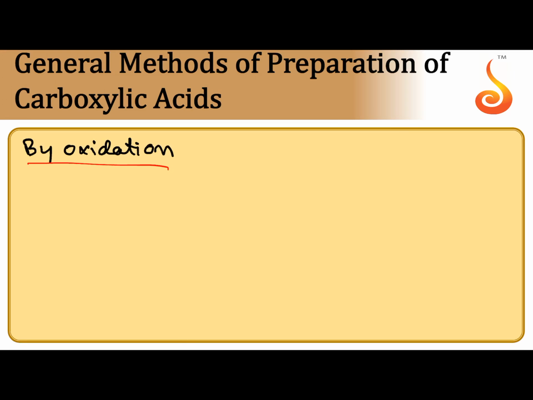General methods of preparation of carboxylic acids from aldehydes and ketones. When an aldehyde is subjected to oxidation by any oxidizing agent, even Tollens reagent, Fehling's reagent, Benedict's solution, or a strong oxidizing agent like potassium permanganate, the aldehyde is converted into carboxylic acid. Even from alcohols also, by a direct method we can prepare.